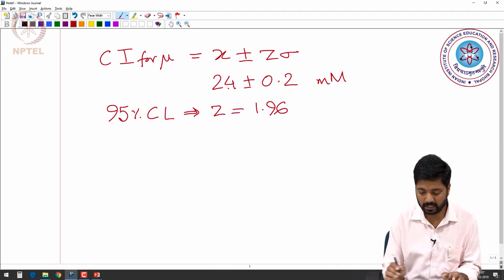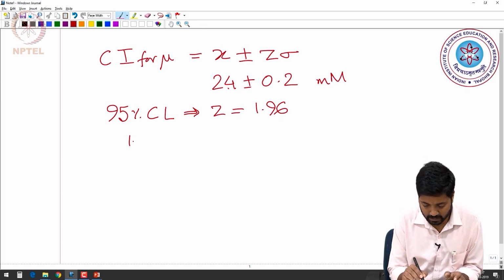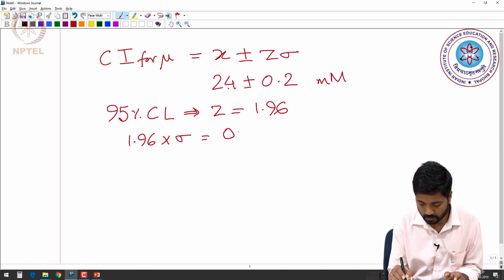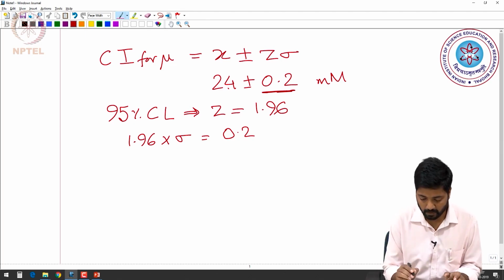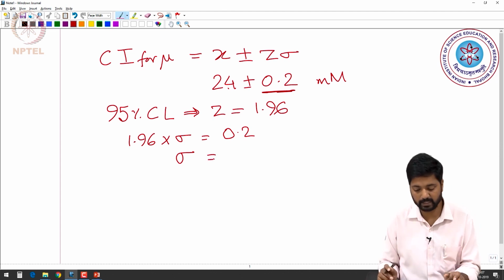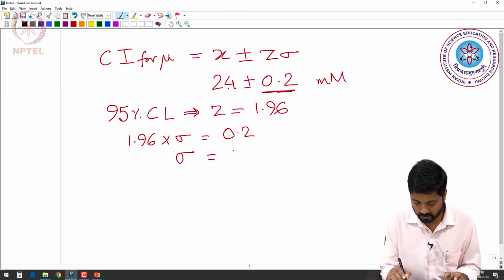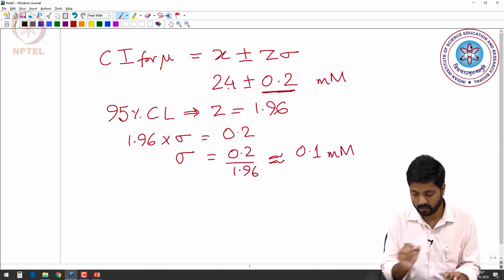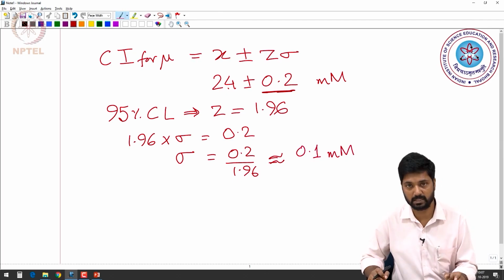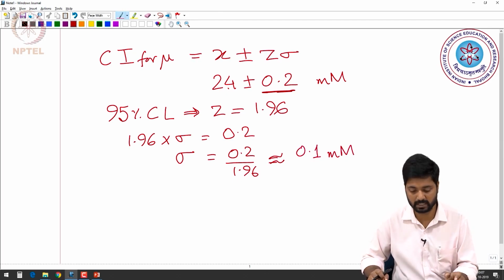Plugging in this value, we get 1.96 into sigma is equal to 0.2, the right hand side term. Now, when we do the maths here, the sigma value turns out to be 0.2 by 1.96, which is approximately 0.1 millimolar. So, 0.1 millimolar is the standard deviation value for this data set.